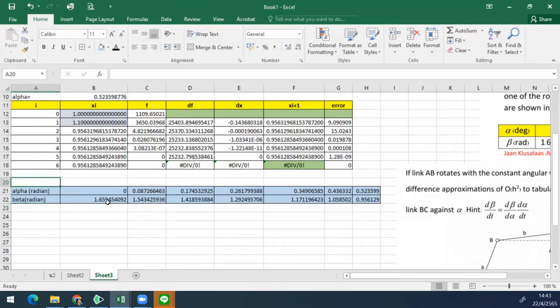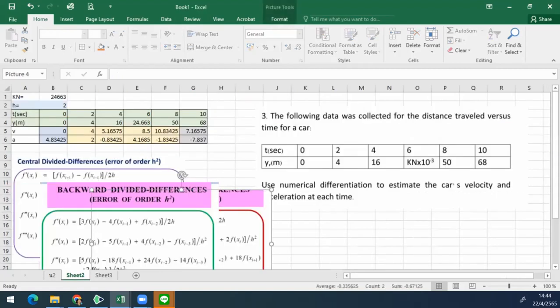And then this should be h. h is equal to what? h right now is equal to 0.87266 radian, right?